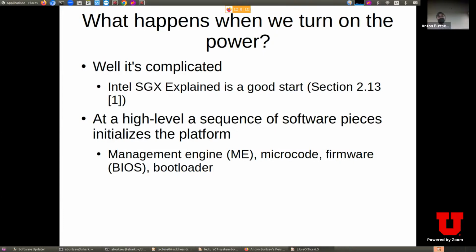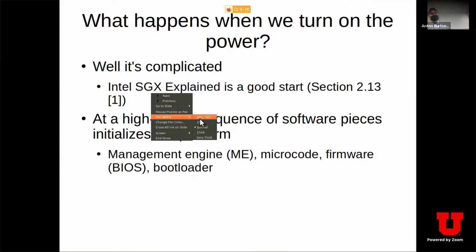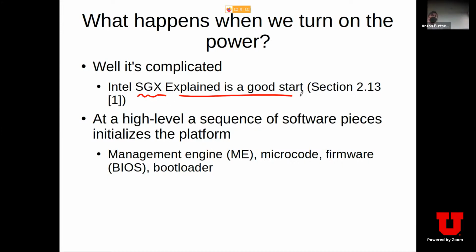The good resource is this document called Intel SGX Explained, and SGX is an Intel security enclave. We'll talk a little bit about it later, but it's written by a couple of professors from MIT, and they essentially explain how the system boots.